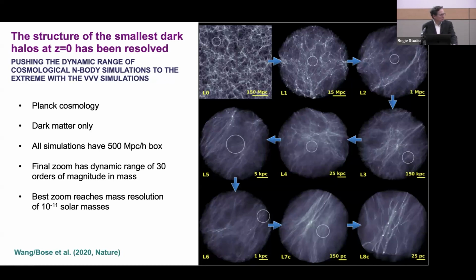They are roughly of the mass of the Earth. And the reason why there's no smaller things has to do with the particle physics properties of this particle. It's a warm particle, and it has some residual thermal motion that prevents it from making still smaller little pebbles. But this is something we can predict through computational means, and it's not possible to predict this through analytic computation because of the complexity of the structures involved. And we are able to resolve the full hierarchy of all the structures over 30 orders of magnitude that are supposed to exist in a universe dominated by dark matter.